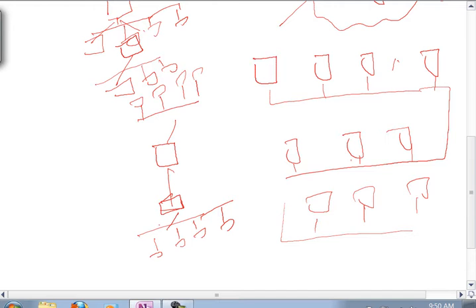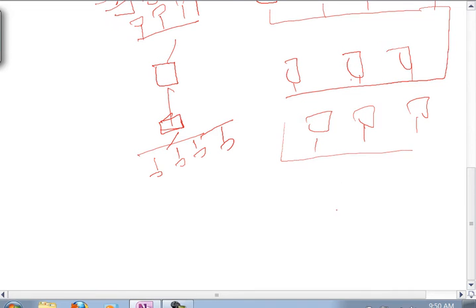Are you getting me? So we can have switches which divide one large network into sub networks, and this is called subnetting. We'll see how the subnetting is done. Are you getting me or not?